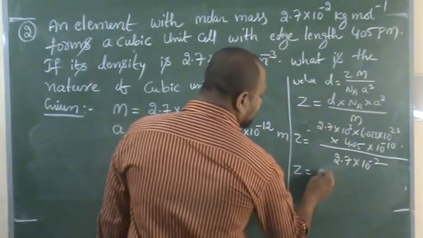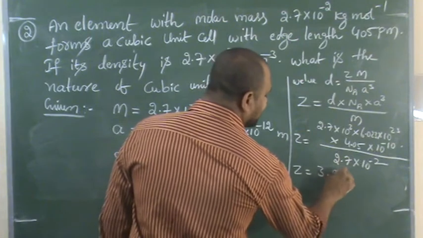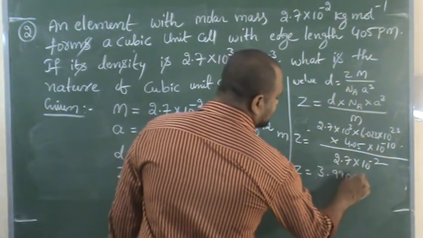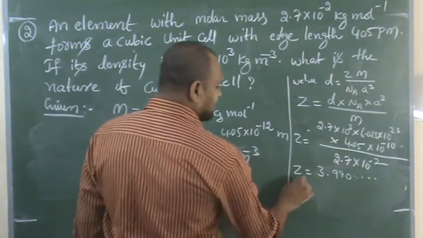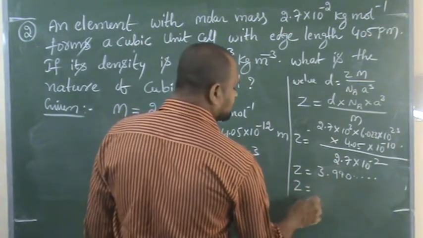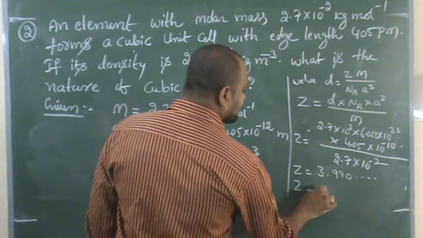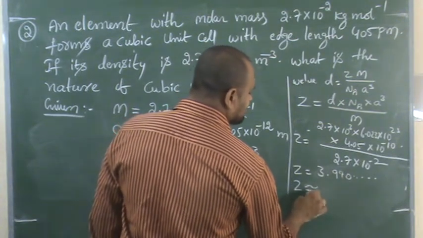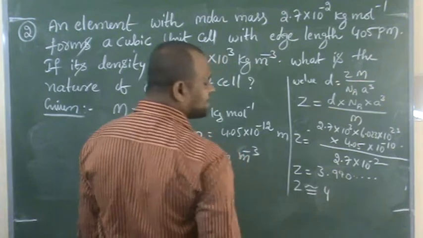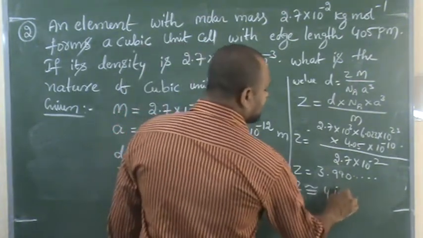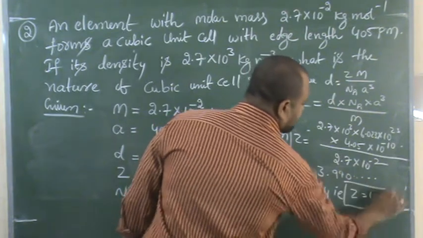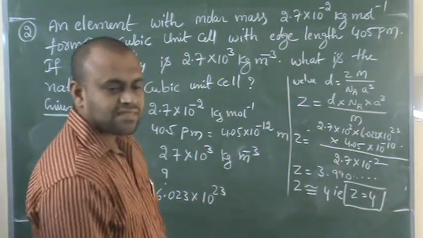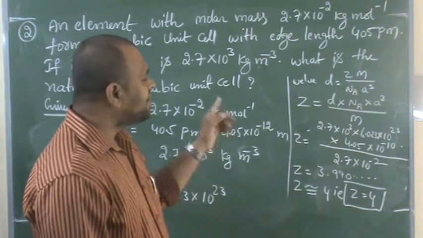So it's nearly equals, we will get 3.99, so 0 something we will get, right? We will get a value like this. So Z is nearly equals to 4. That is, I will round up the figure, Z is equals to 4. So that implies the rank of the unit cell is 4.